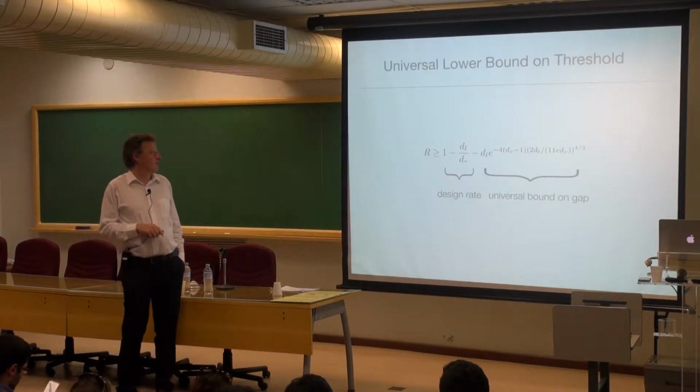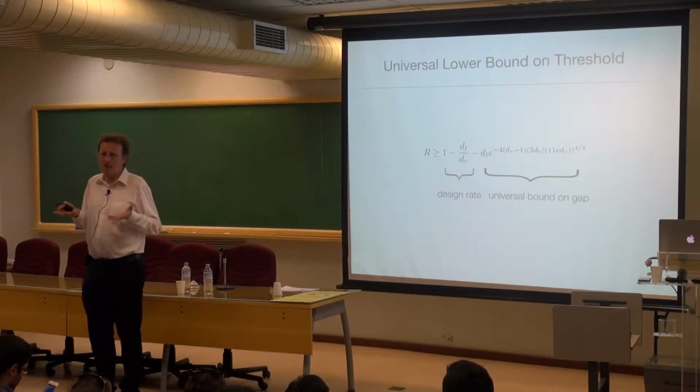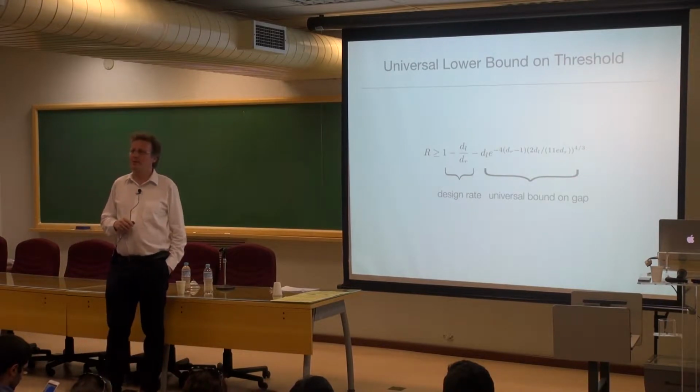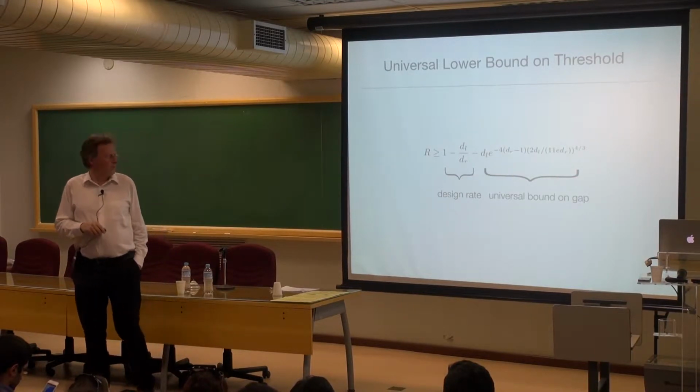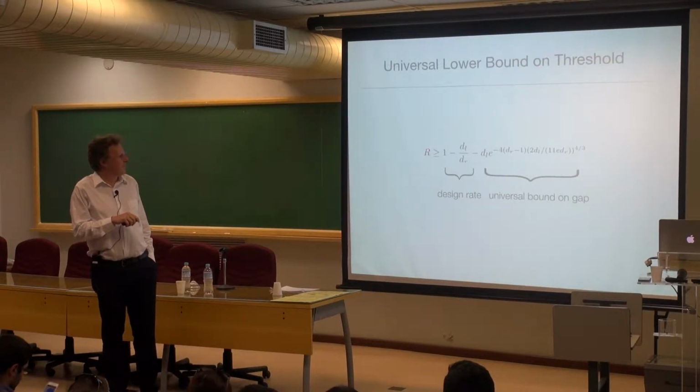And indeed, one can show that this is universal. So you can give a lower bound on how quickly they approach capacity, for any binary input memoryless output symmetric channel. We saw 3 examples. The rate at which reliable transmission can happen is always lower bounded by this, which is actually the design rate.